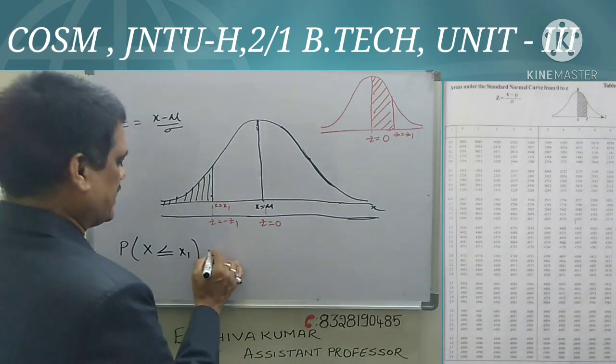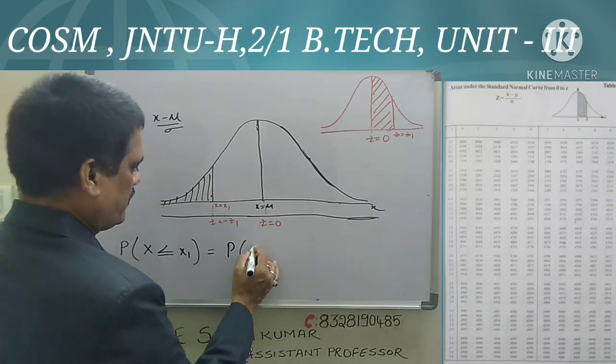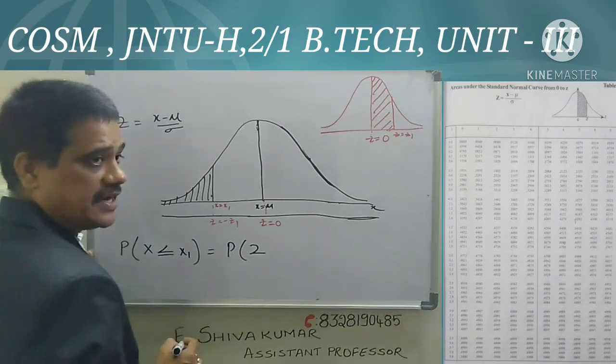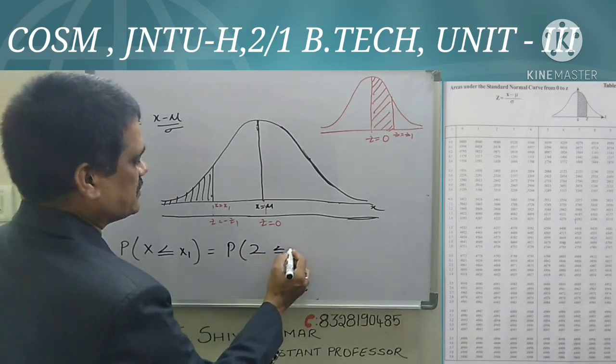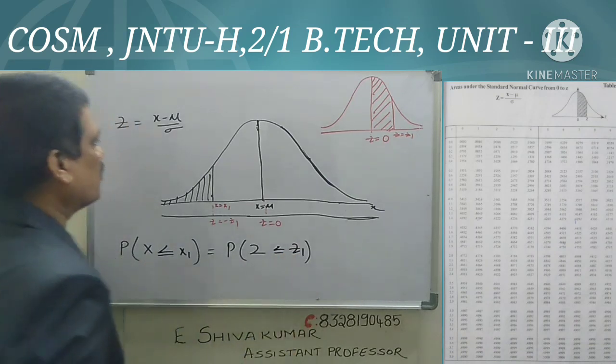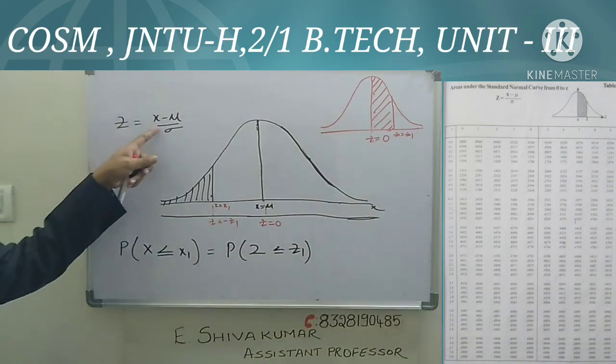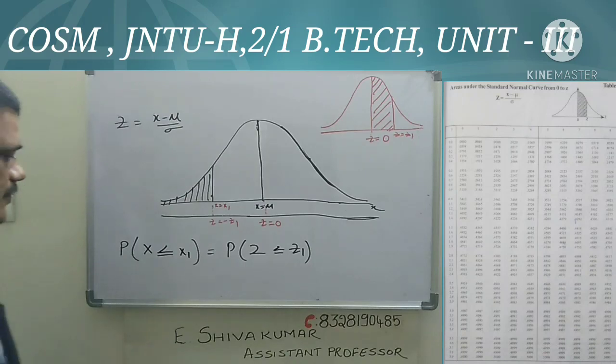Then this can be written as probability of, if you convert in terms of z, z is less than or equal to z1. Okay, already we know what is z. Z is nothing but x minus mu divided by sigma.